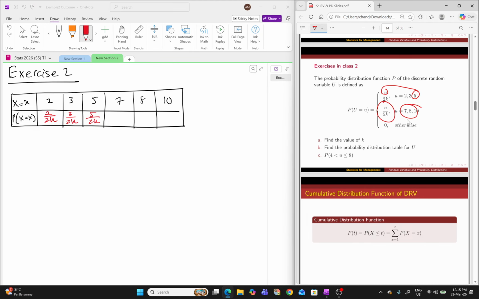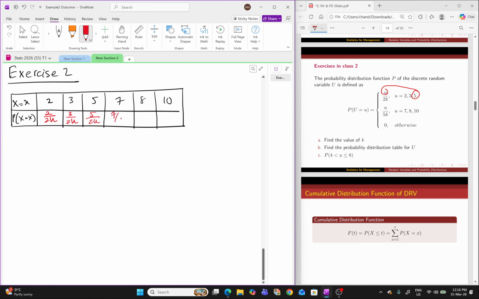For 7, 8, 9 you use this function. 7 over 5k, 8 over 5k, 10 over 5k.